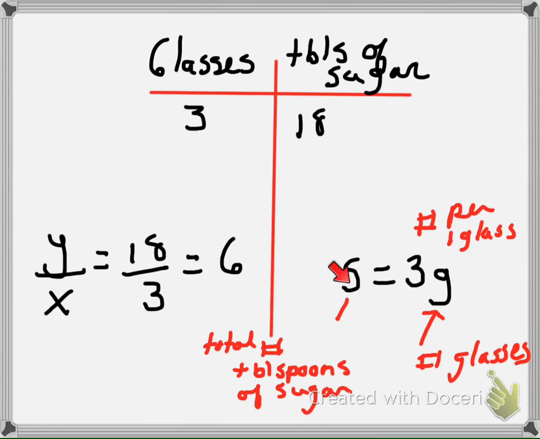I wrote S for sugar equals 3G. S represents the total amount of tablespoons of sugar that I have to use, and 3 represents the amount of tablespoons of sugar per one glass. It's always going to be 3 for one glass, and G stands for the number of glasses.